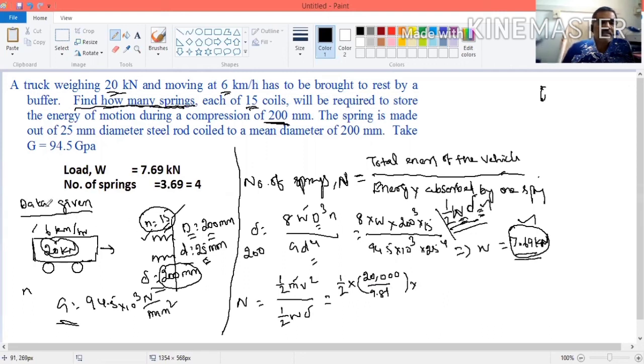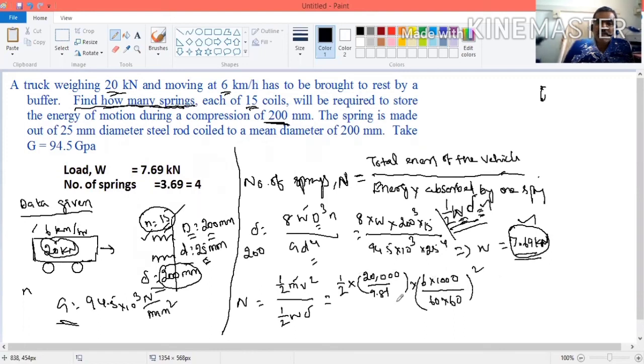It is 6 into 1000, so kilometer will become meter, divided by hours. You have to convert it into second. If you put 60, it will become minute. Again, if you put 60, it will become seconds. So this is mass, and this is meter per second square.